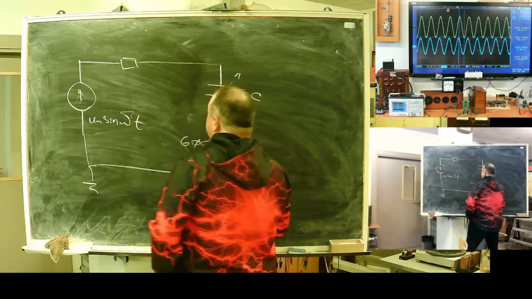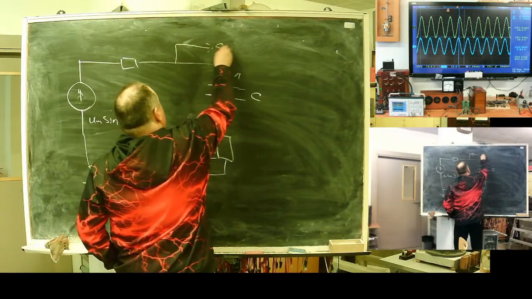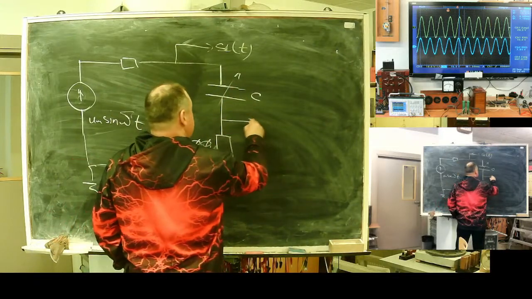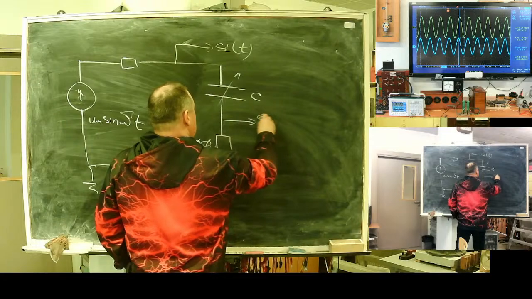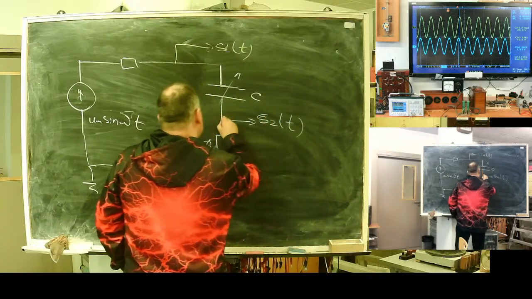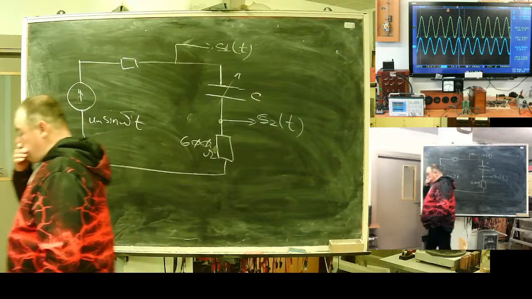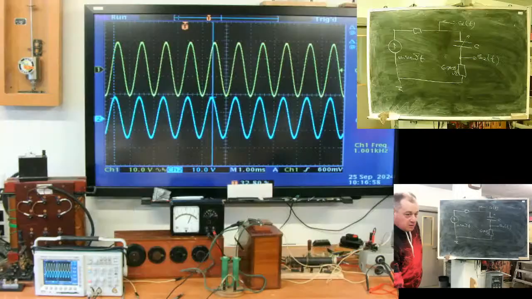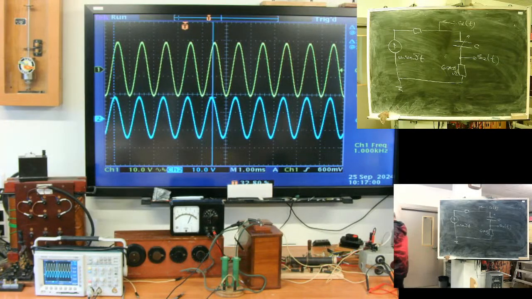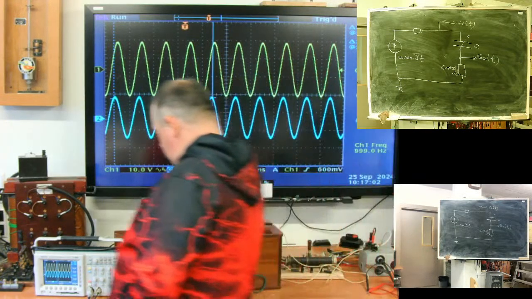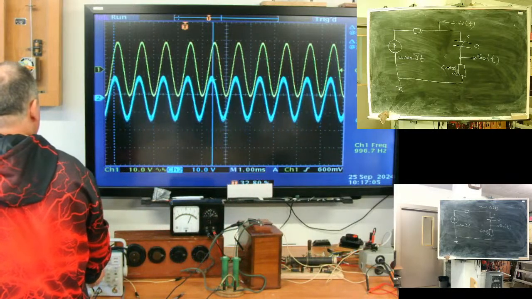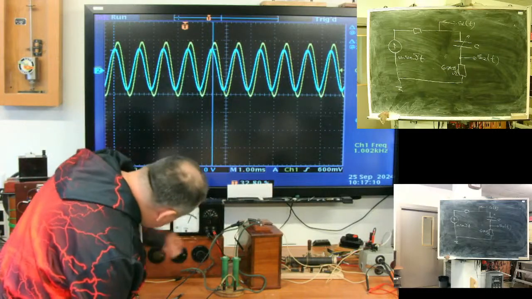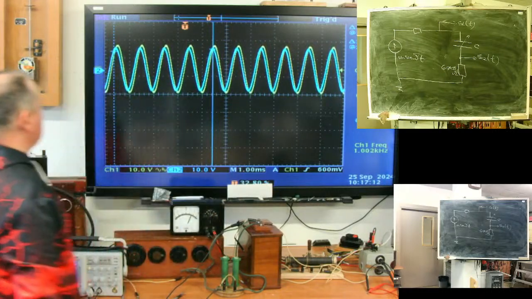Signals. The yellow line is voltage from here. And the blue line is a voltage from this point. Can switch to make them bigger. At this moment, capacitance, okay, half of microfarad.